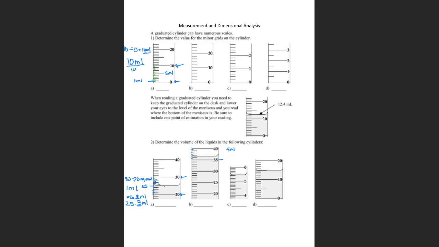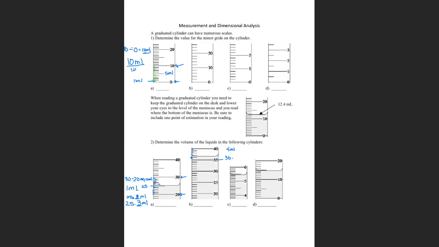Okay? So in this case, the last mark that I can read right before I get to the meniscus is not 35, it's actually 36. You see that right here, right? So this mark is 36 milliliters. So I write 36 milliliters, and then of course the point.